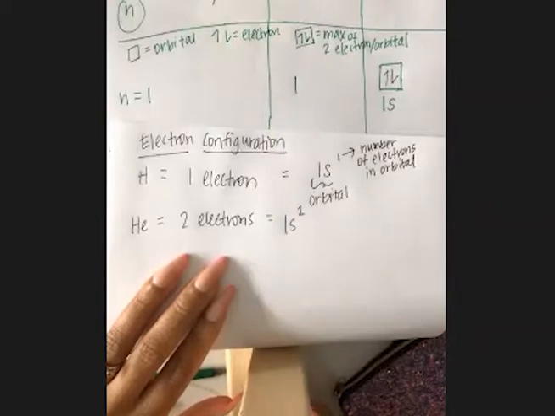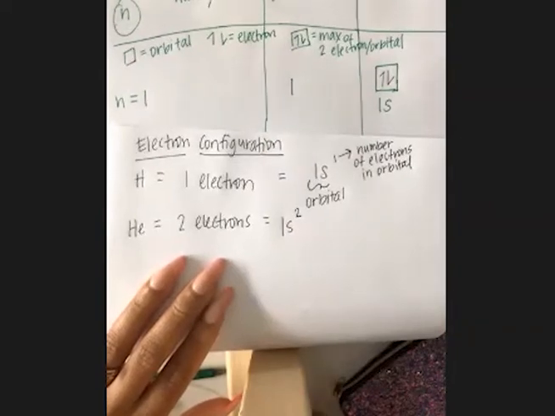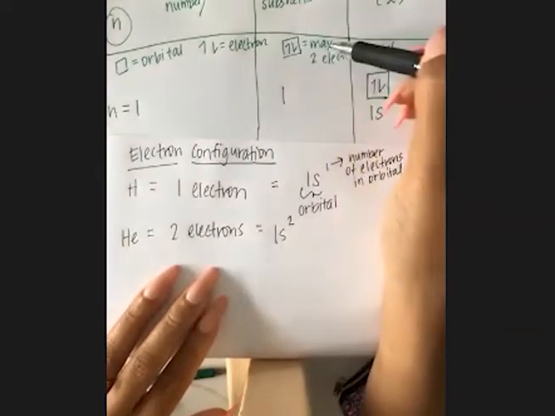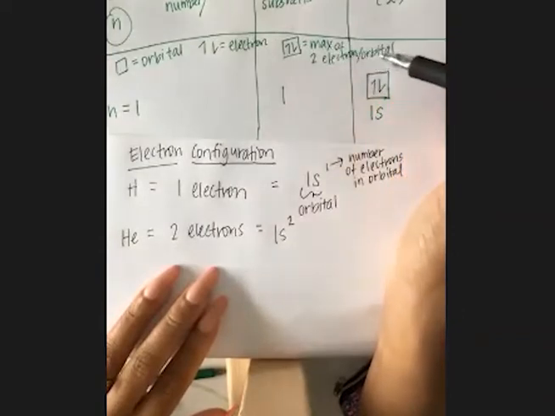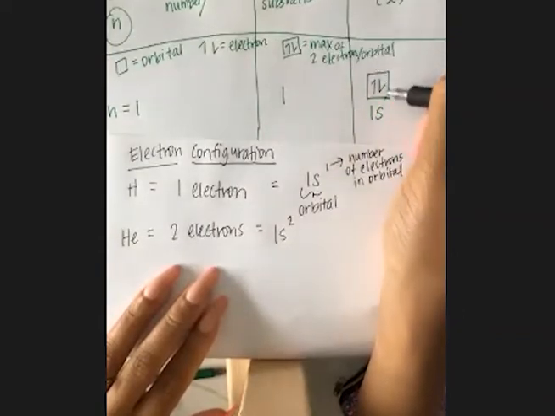Wait, why is it in the 1s? I'm sorry. Remember, we have a maximum of 2 electrons. Okay. So I just drew that second electron.